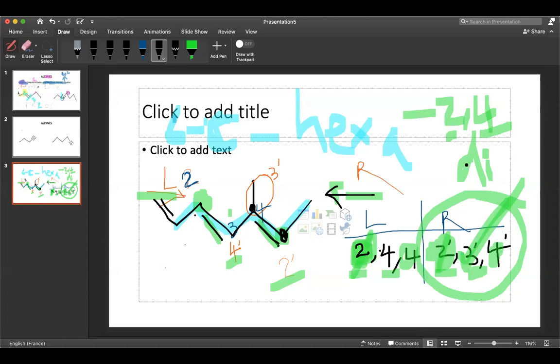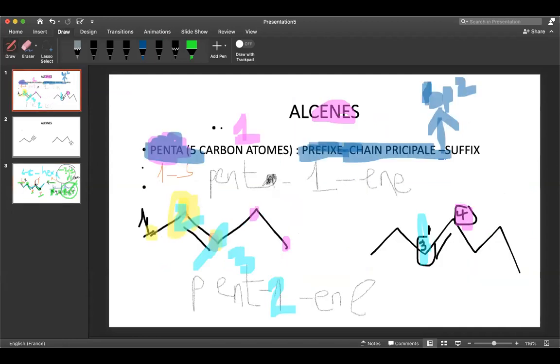Now the suffix is what? Because this whole thing here shows the position of the double liaison. Now, what's our suffix? Our suffix will forever be E N A, because now we are discussing these guys here. This is what we are discussing today.